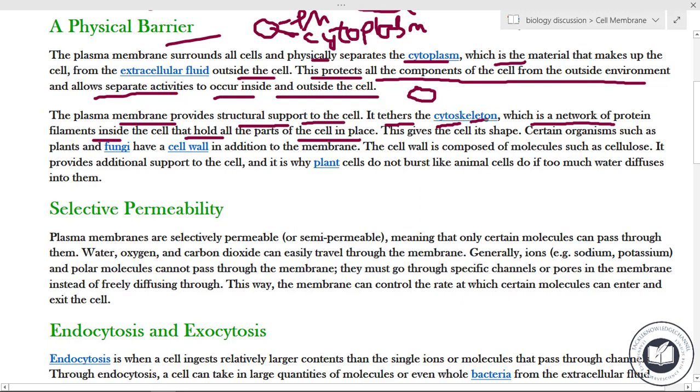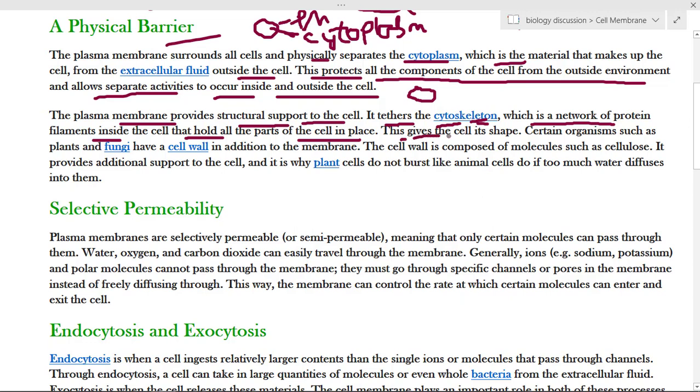Thus it is giving structure to the cell. This gives the cell its shape. So the cytoskeleton is giving the cell shape.